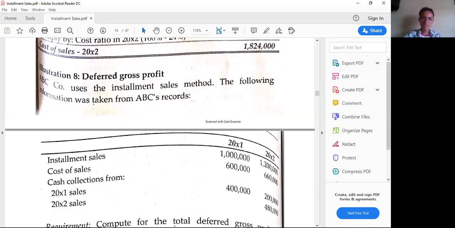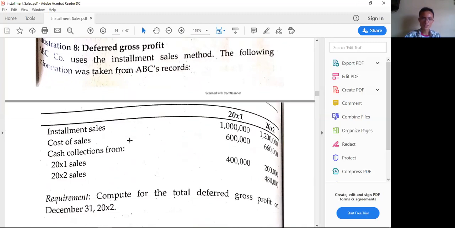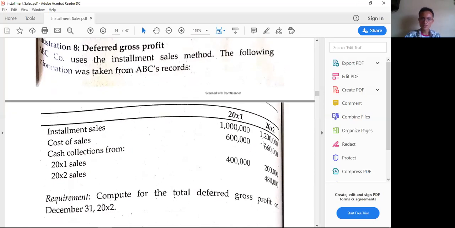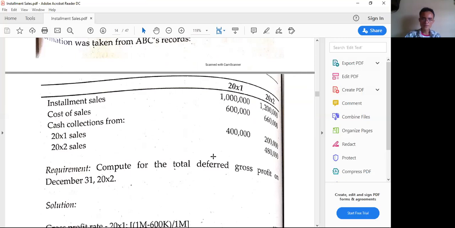Next, illustration 8, deferred gross profit. So it's given on the requirement to compute the total. We are given the installment sales in 2 years, the cost of sales. So by these two items in the two columns, you can compute the GPR, gross profit rates. Then deferred gross profit is based on receivables.